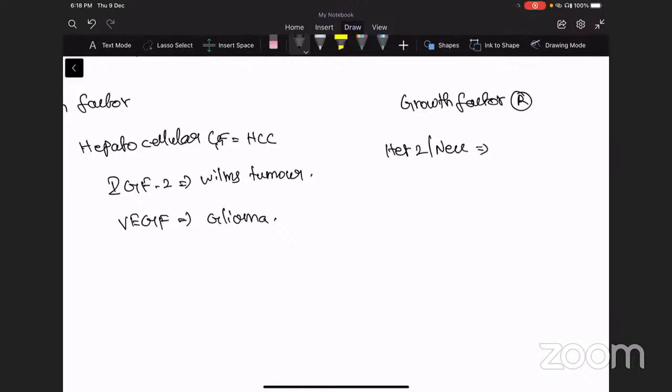Yes, can anyone tell me? HER2/neu mutation leads to what cancer? Please text in the chat box.